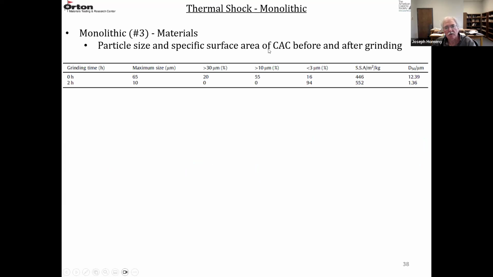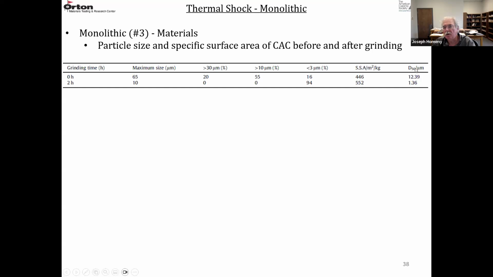And this is the CAC before and after grinding. So unground, 0 hours, the maximum size was 65 microns. 20% was greater than 30 microns, 55% was greater than 100 microns, and 16% was less than 3 microns. The specific surface area in meters squared per kilogram was 446.